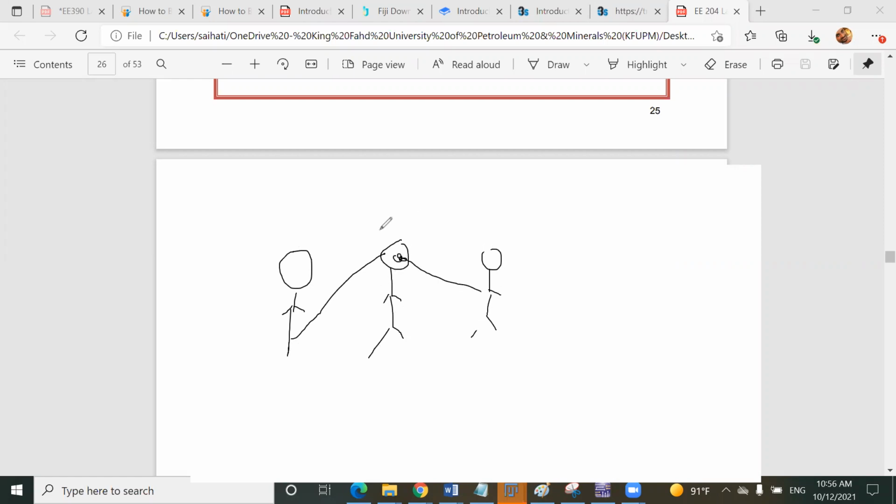The effect coming from both of them is this damage and this damage. Now, what will happen if only this guy hits him here? We'll have this effect, and then this guy hits him here, but at a different time. Let's say the total effect is almost equal. So this is the idea of superposition in electric circuits.